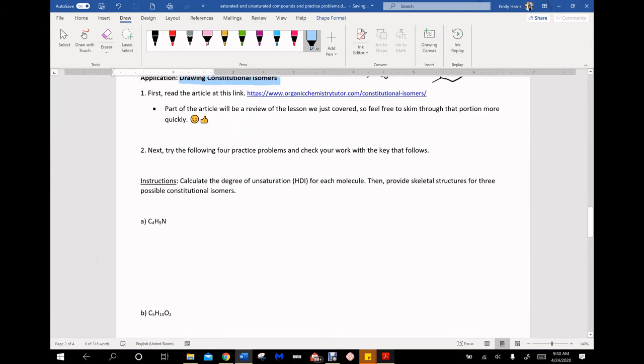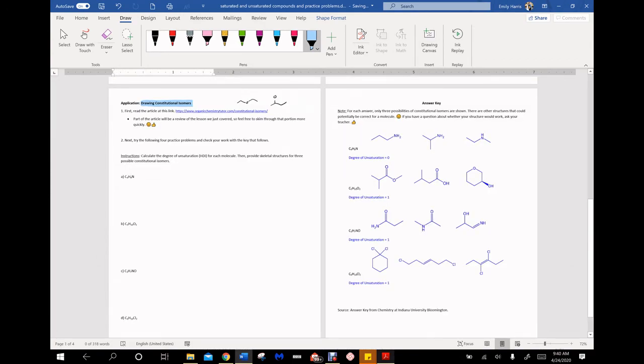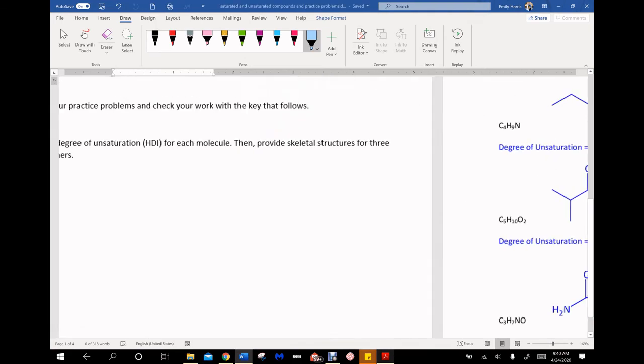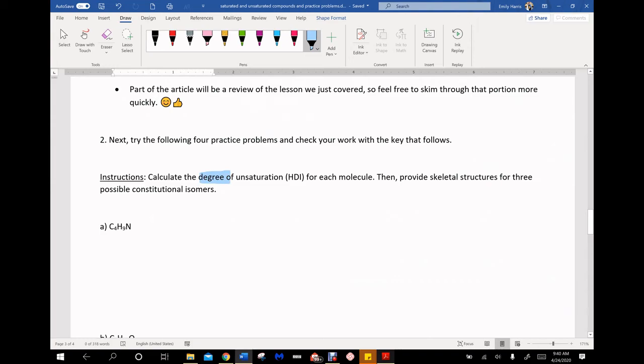After you read the article, you're going to try these 4 practice problems. First, you'll be calculating the degree of unsaturation, or your hydrogen deficiency index, for each molecule. Then you're going to draw 3 different skeletal structures as possibilities for the arrangement of that molecule.